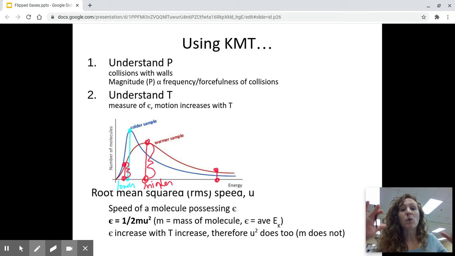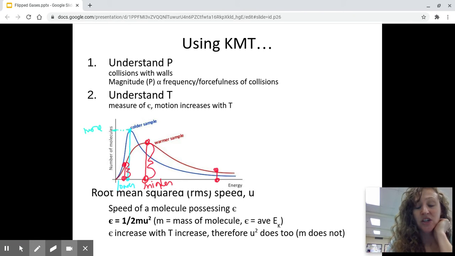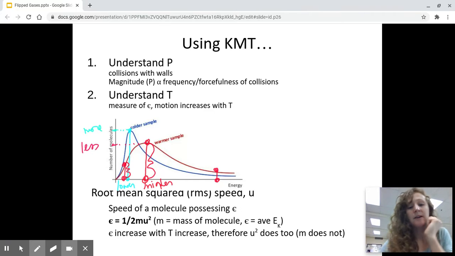In a cooler sample, more of those molecules actually exist at the average. Notice that there's more molecules at the average temperature of a cooler system. There are less molecules at the average of a warmer sample, so that those warmer sample molecules actually get distributed more evenly throughout the energy scale. The cooler sample molecules tend to be more in line with each other.